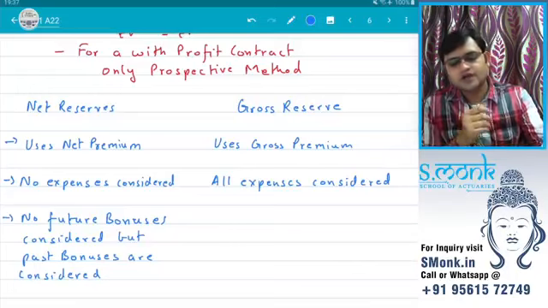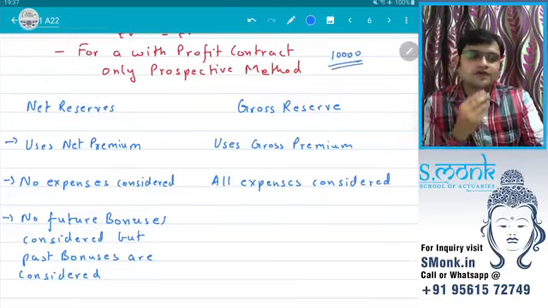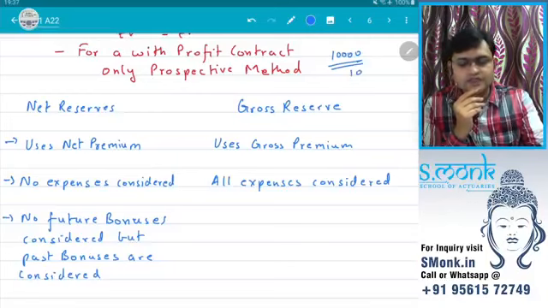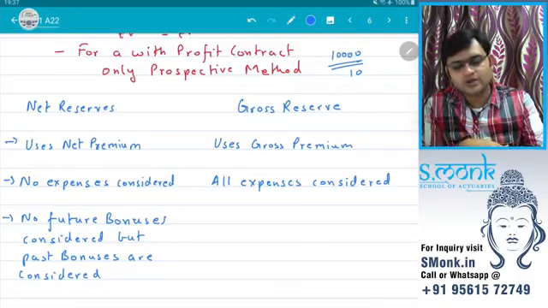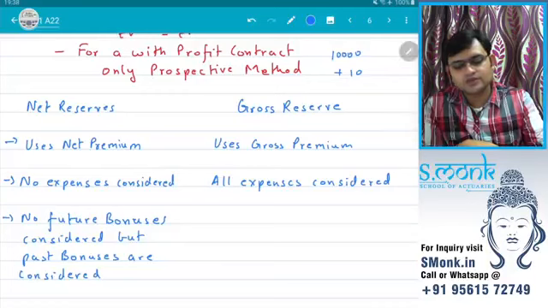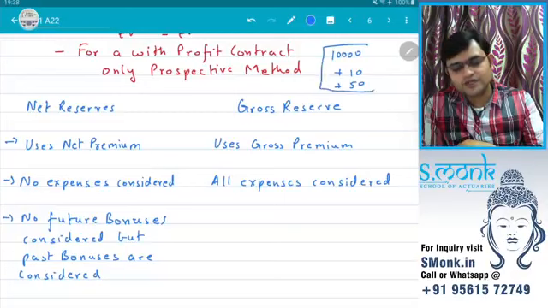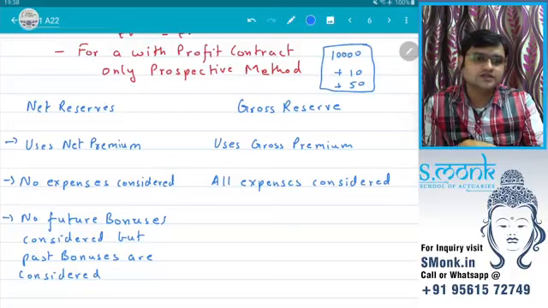So let's say a policy with profit contract, we have 10,000 as a sum assured. At the end of the first year, we promise them 10 as bonus. So if the person dies anywhere in the future, the amount that should be given is 10,010 rupees. Let's say next year again, we now promise a bonus of, let's say, 50. If a person dies after that, the amount of money that should be given would be 10,060.